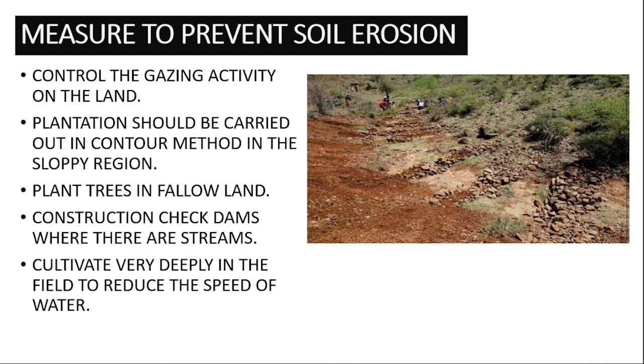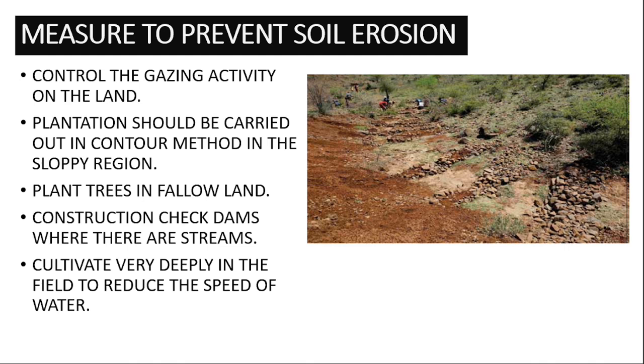In the open land, if we leave them to graze, they will eat most of the crops or all types of grass, and as we cannot control this activity, they will take most of the crops. Plantation should be carried out in the contour method in the sloping region.